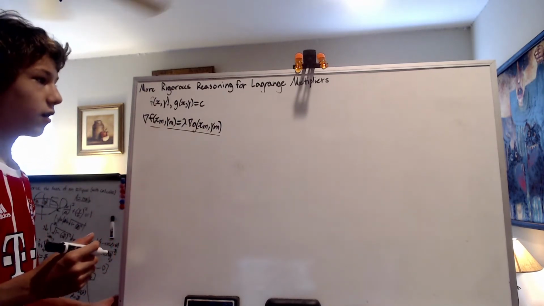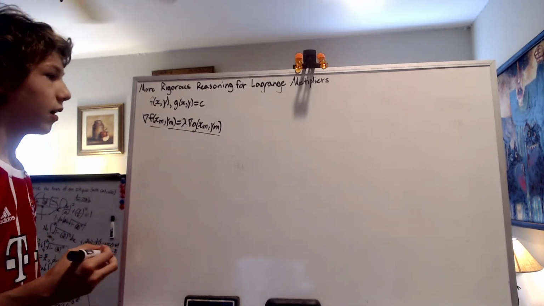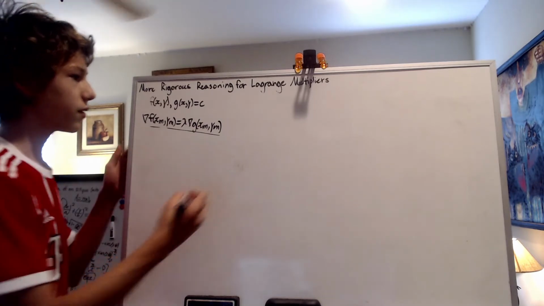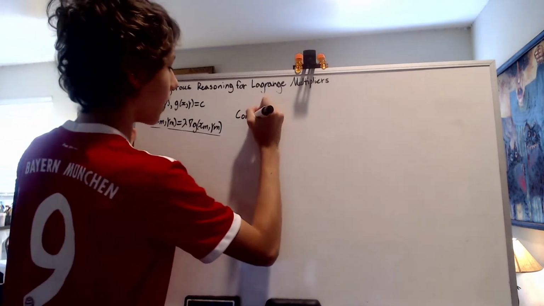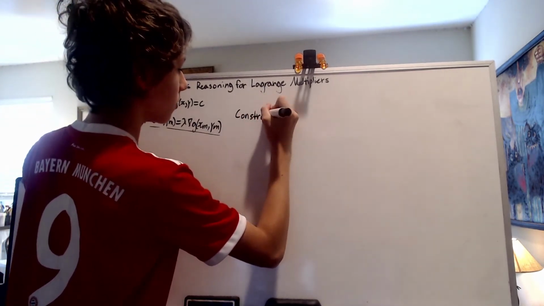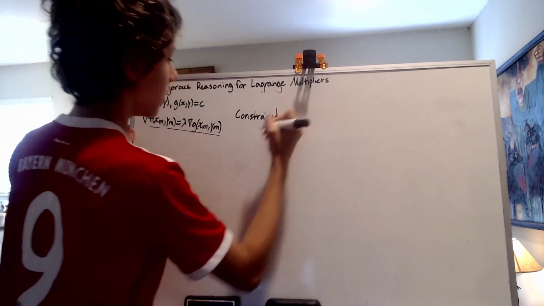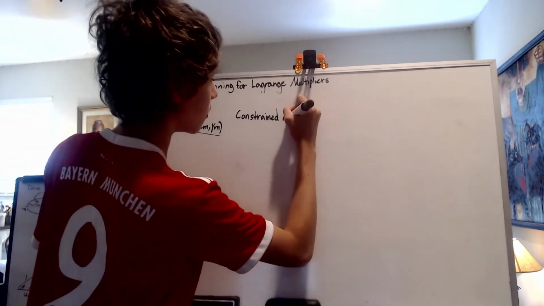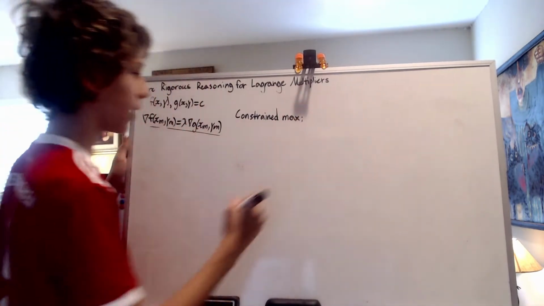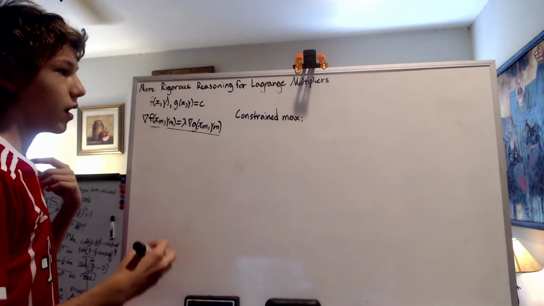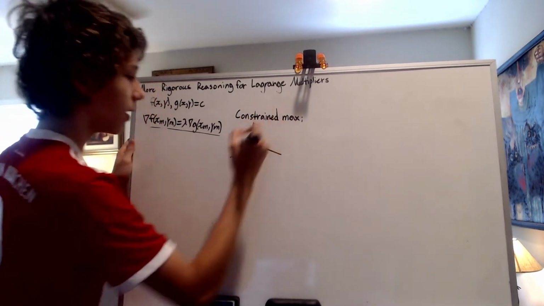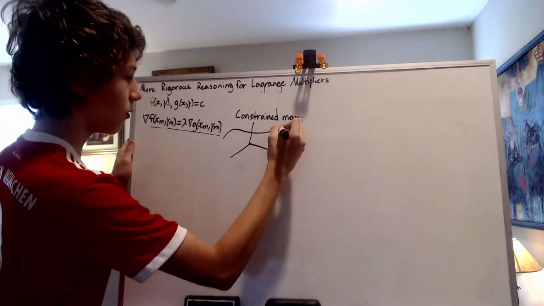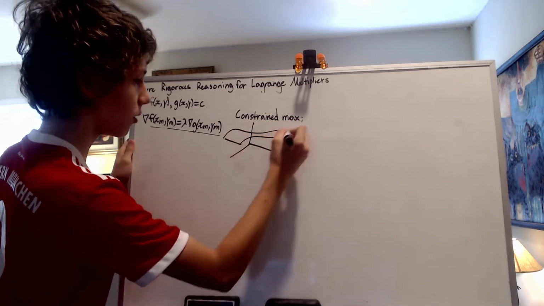Okay, well, how do we do that? Let's look at what a property of the constrained max is, and let's also look at this visually. So if we look at the constrained max, I'm going to draw a little graph, which will hopefully illustrate it.